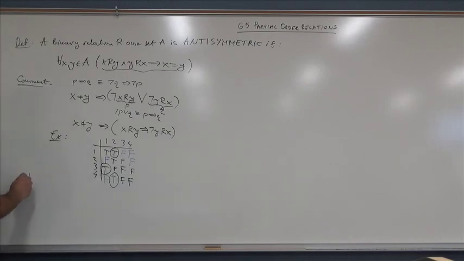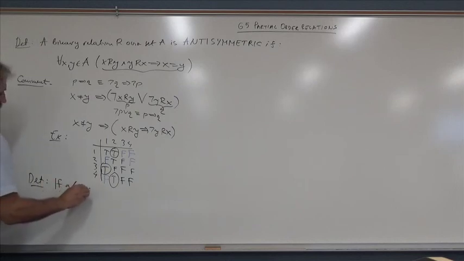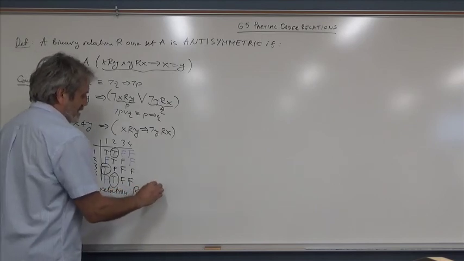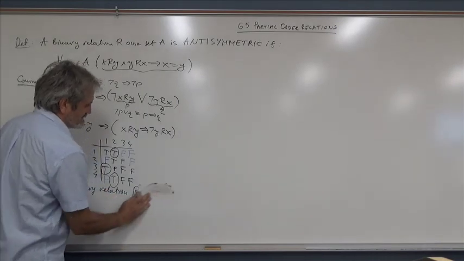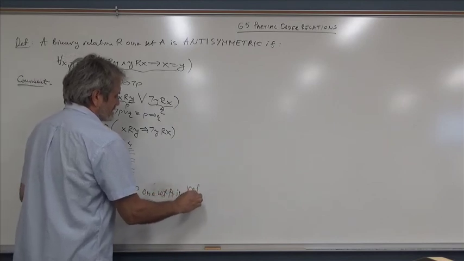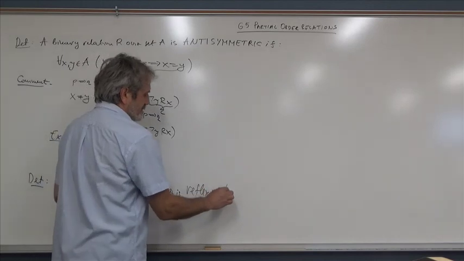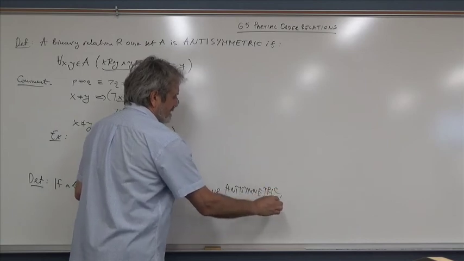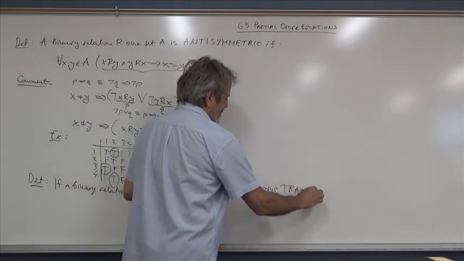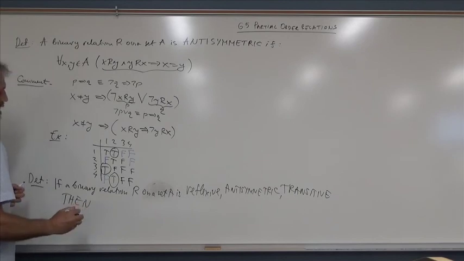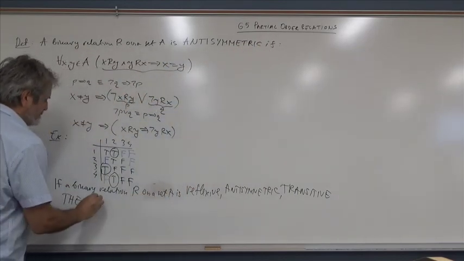And then one more definition. If a binary relation R on a set A is reflexive, antisymmetric, and transitive, then R is a partial order relation.